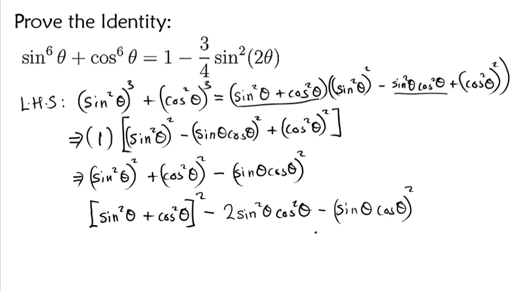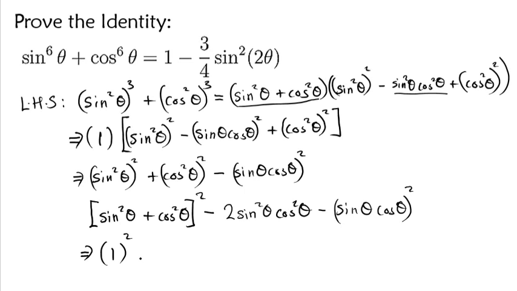Okay, we're almost there. So the first square bracket here is just 1 squared, simply because we have sine square plus cos square, so that's just a 1.